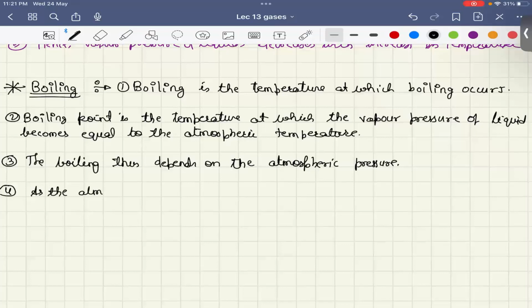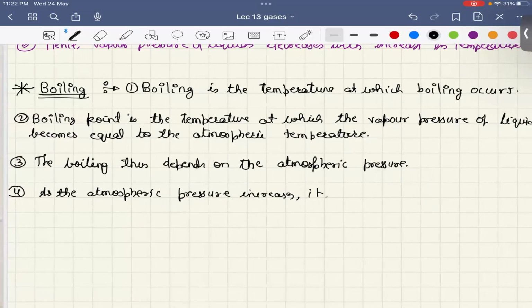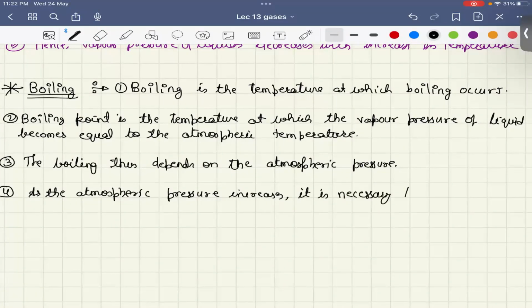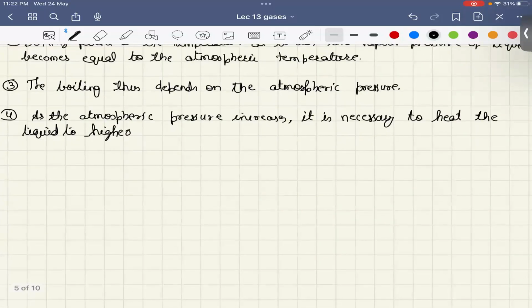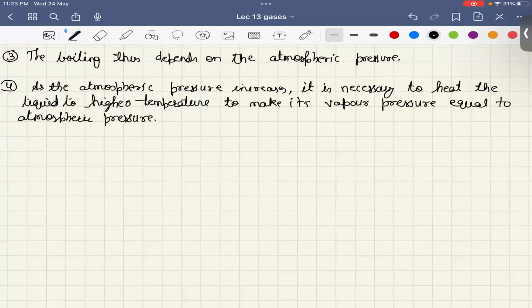As the atmospheric pressure increases, it is necessary to heat the liquid to a higher temperature to make its vapor pressure equal to atmospheric pressure.